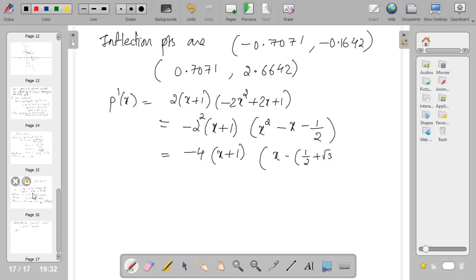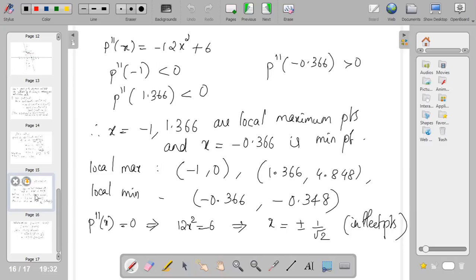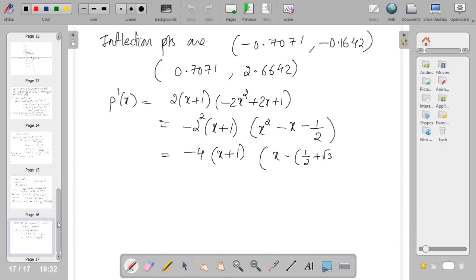into (x minus 1 by 2 minus root 3 by 2). So the roots we got are minus 1 by 2 plus root 3 by 2 and 1 by 2 minus root 3 by 2.